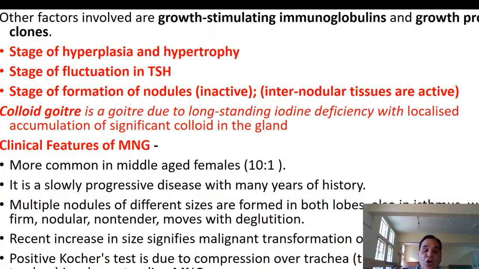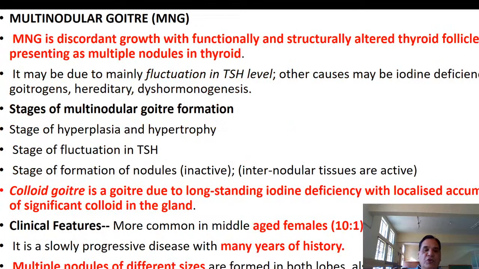The positive Kocher's test occurs because of compression over the trachea, and it leads to scabbard trachea or tracheomalacia in long-standing MNG. Nodules can be calcified to become hard, or they can undergo necrosis to form a soft nodule.